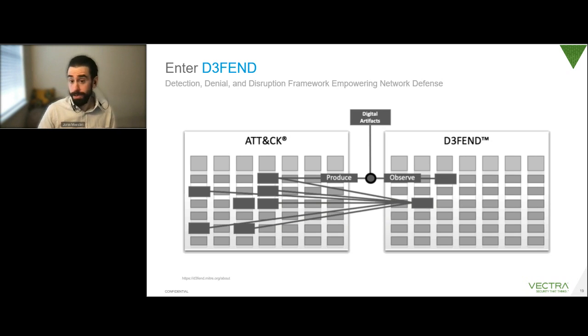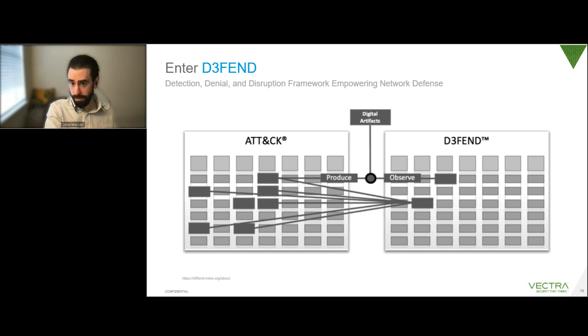This D3FEND framework is an interesting one, the way they've developed it. It's effectively a knowledge graph approach. It starts from ATT&CK, but it makes the statement that every action an attacker takes will generate a digital artifact. A valid account, for example, will log an event that says the account was used.